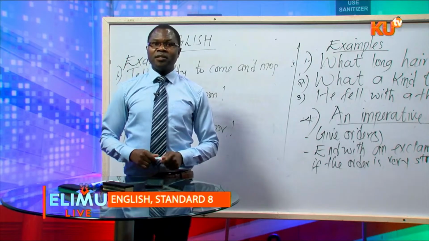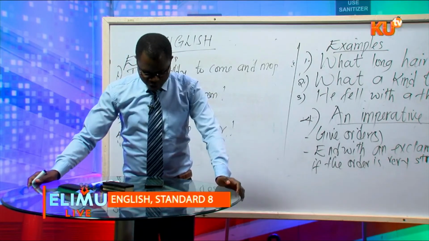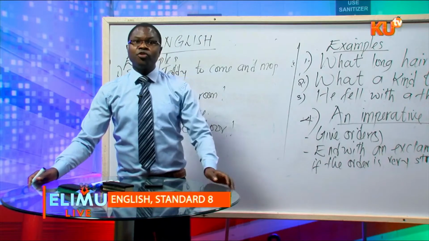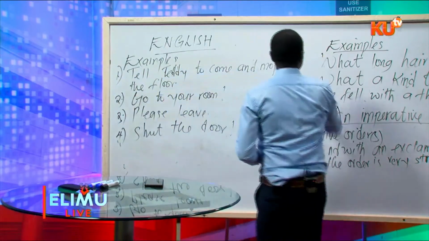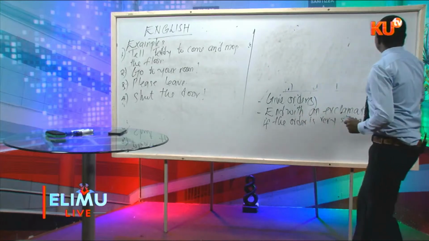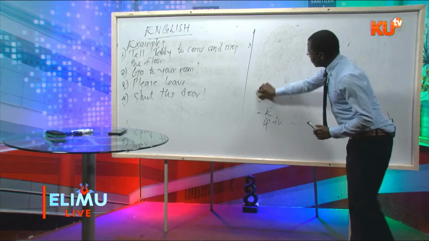So having said that, I want us to move to the next level. I want us to look at what we call verbs with objects in relation to sentences. I want us to look at verbs with objects, and then I will tell you what they mean.